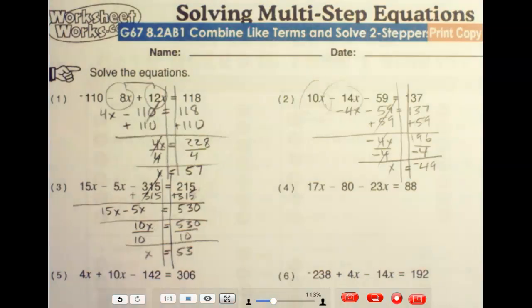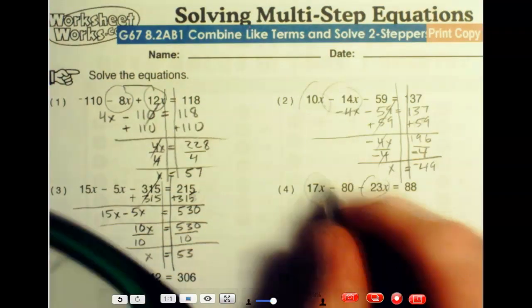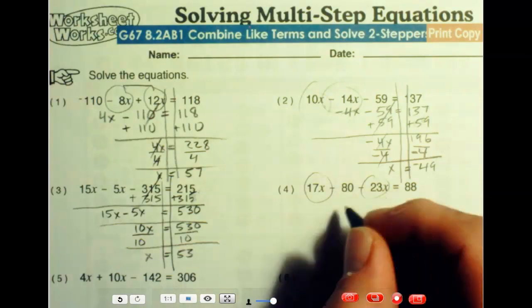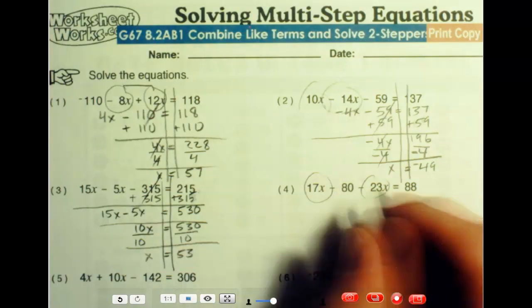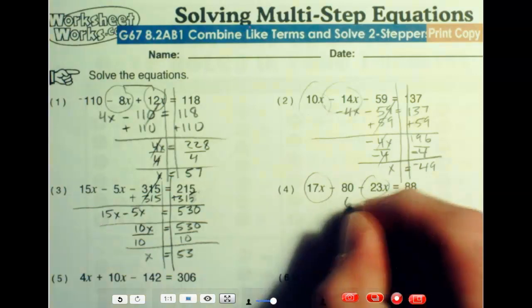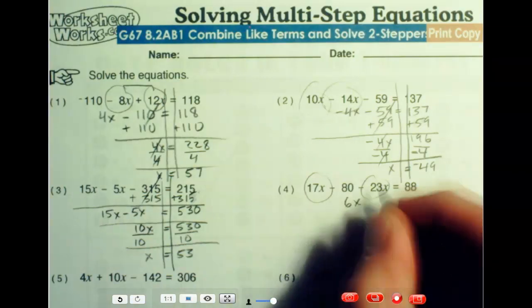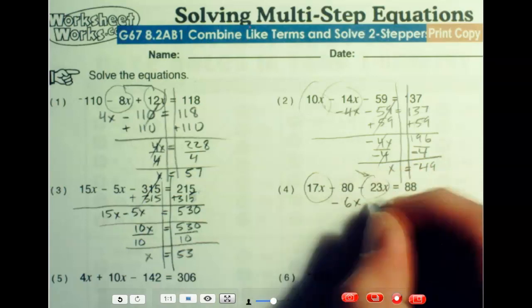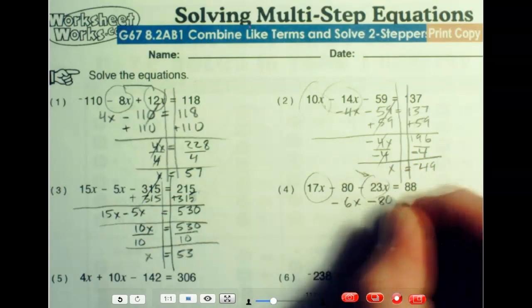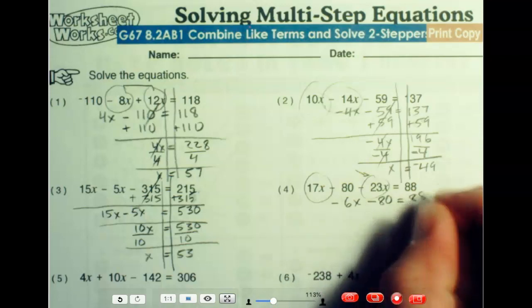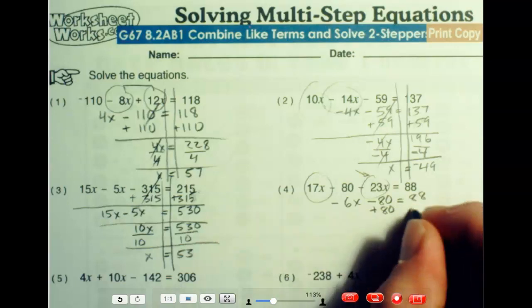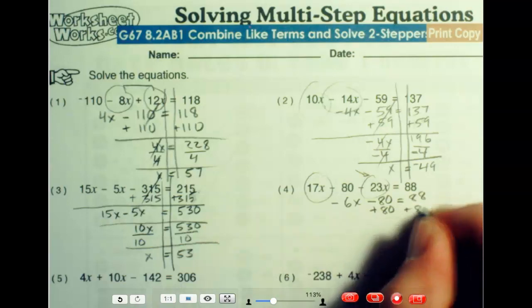So on this one here again, I'm going to look at the x's. I've got a negative 23 and we've got a positive 17. So these are different signs. So the difference between them is 6x. This has the greater absolute value, so it's a negative 6x minus 80 equals 88. So then I'll add my 80 to get rid of that.